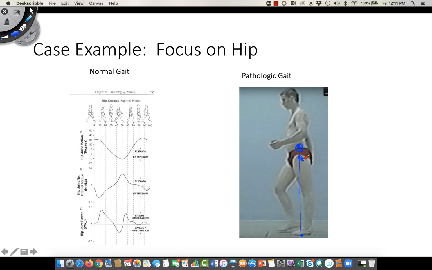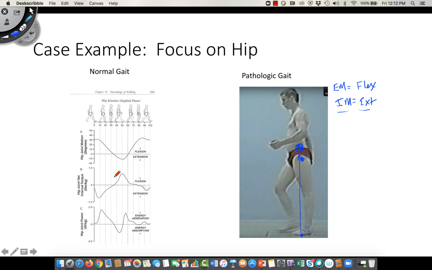In this particular case, the ground reaction force is still anterior to the hip, so the external moment is in flexion, and the internal moment is in extension. But the moment's pretty small, so if the person was able to dorsiflex here, they would pass the ground reaction force posterior to the hip joint, and then these would switch.